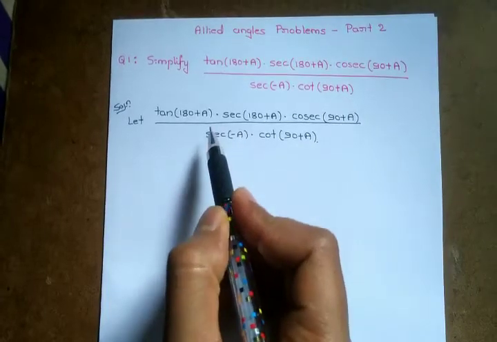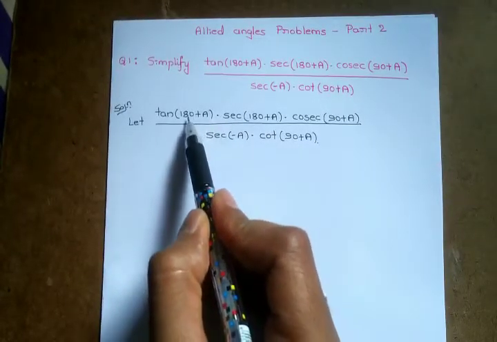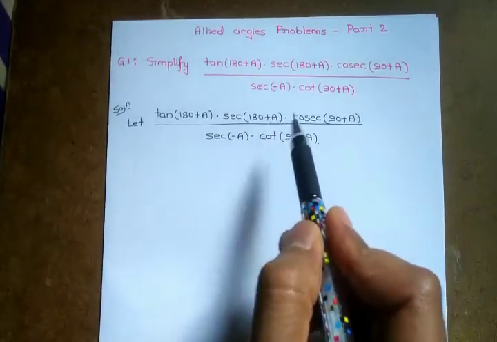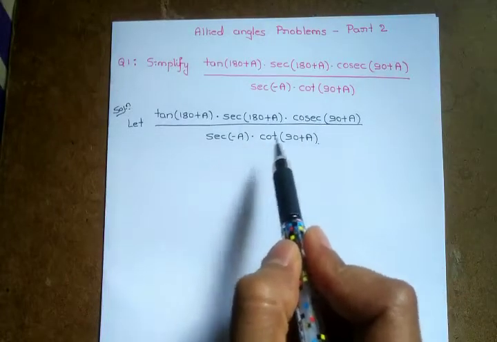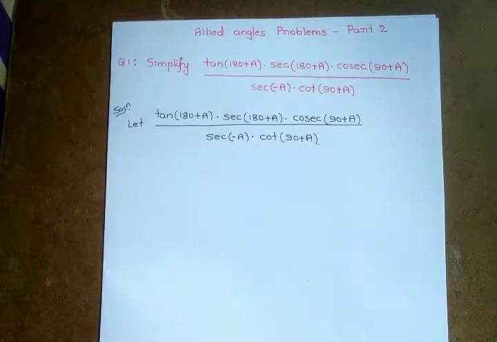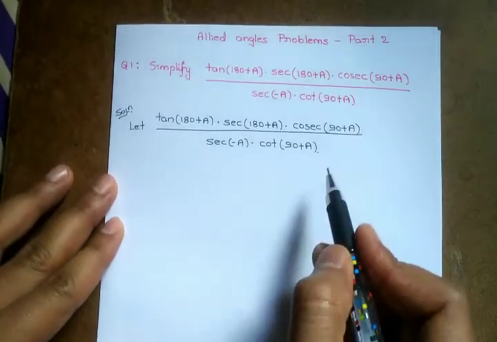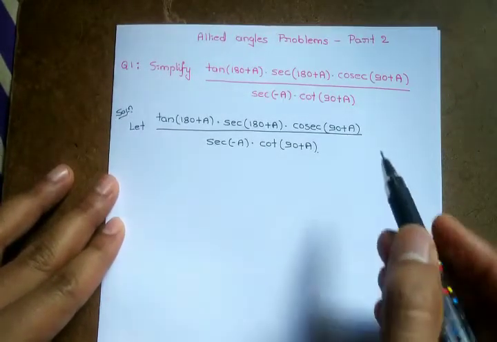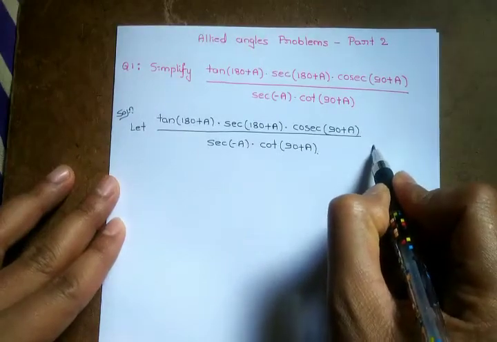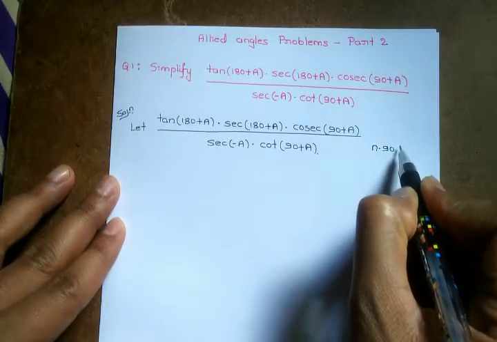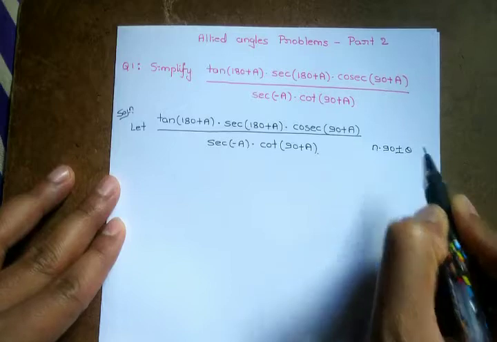First step: 180 + a, 180 + a, 90 + a and 90 + a we will bring into the standard form. You know the standard form is what? The standard form is n into 90 either plus or minus theta.